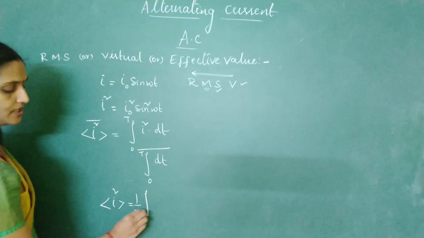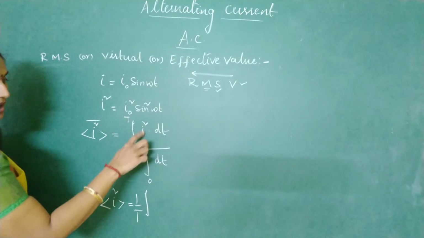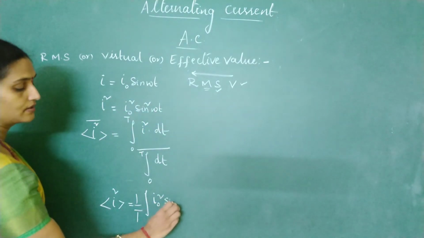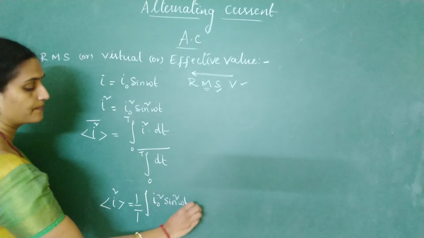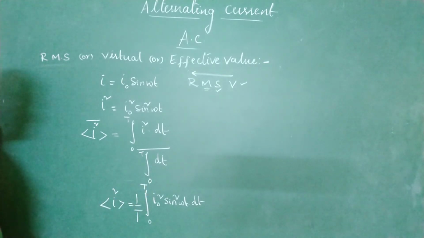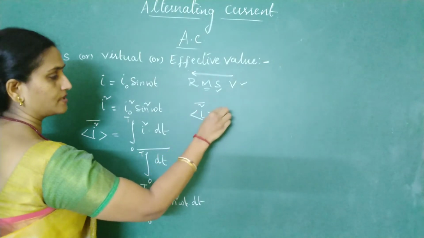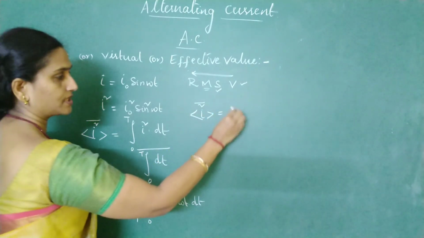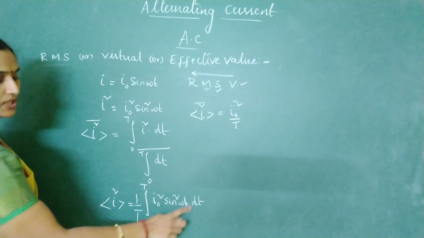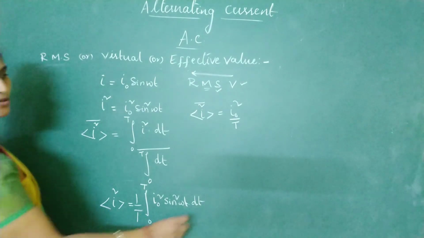Since we are evaluating the average of I square, integral of dt will anyway be T. So 1 by T I am writing outside. Okay, 1 by capital T. It is taken from 0 to T. I square, okay, put this value: I naught square sine square omega t into dt from 0 to capital T. So I square mean is equal to, bring the constant outside, I naught square by capital T. Since we cannot directly integrate sine square omega t, I write it as 1 minus cos 2 omega t by 2.